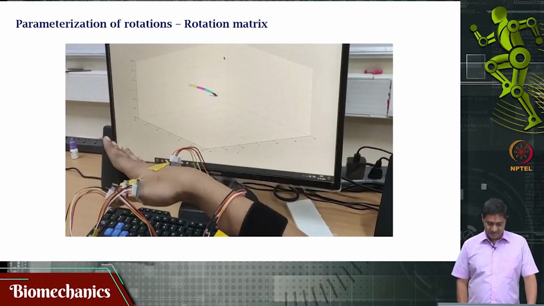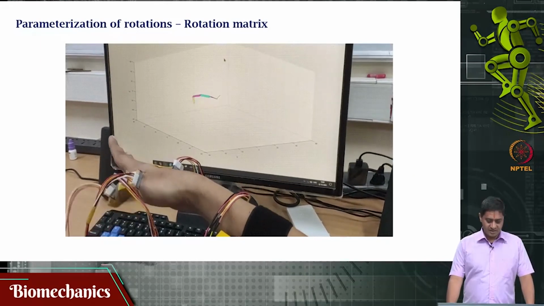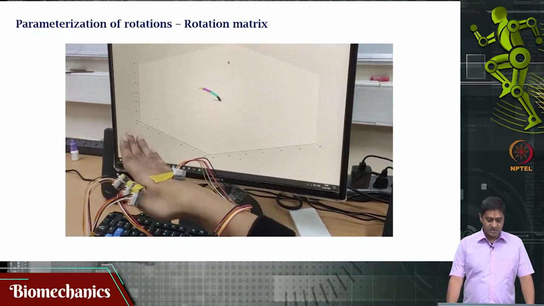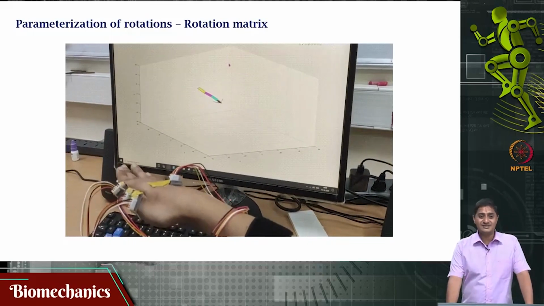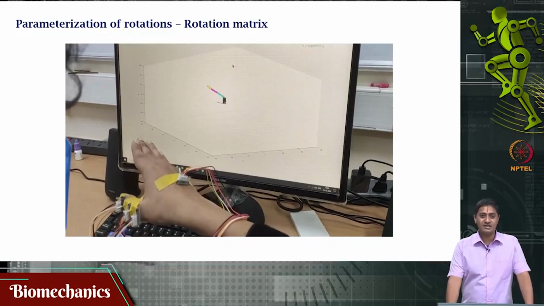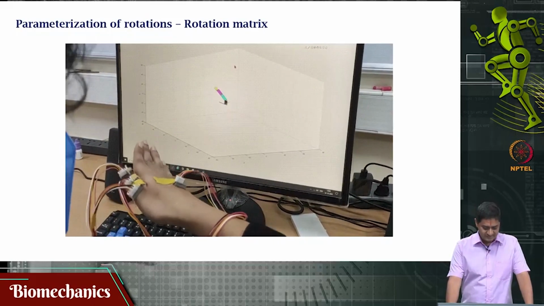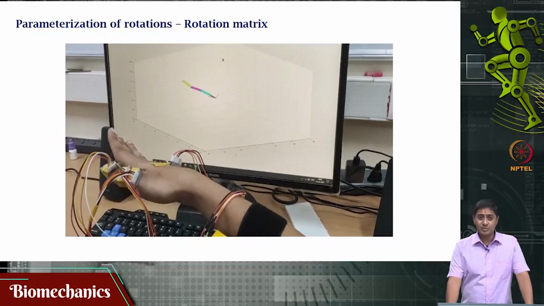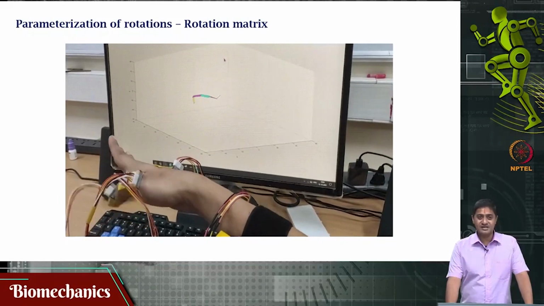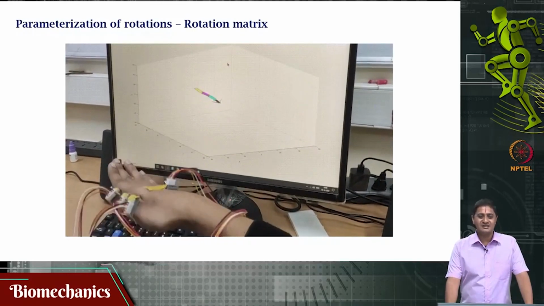Here is an example of a measurement that we made a long time ago using rotation matrices. At that time we were just dabbling with this IMU based system, and look at the amount of cabling that is there, plenty of cables and a very large board that we used for measuring thumb kinematics.